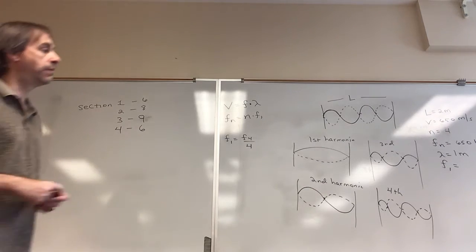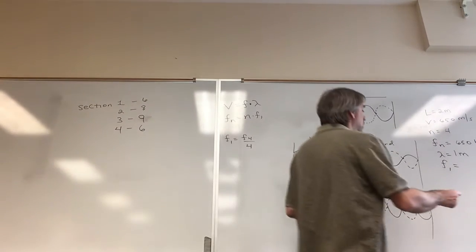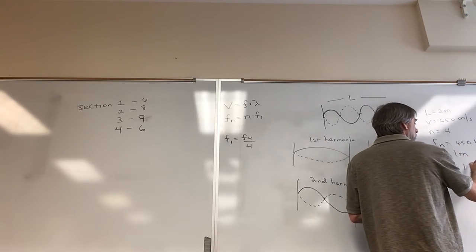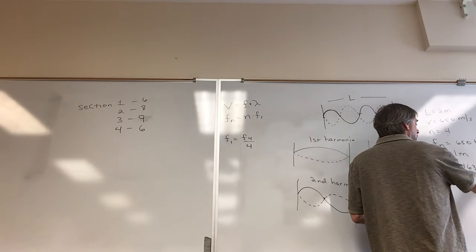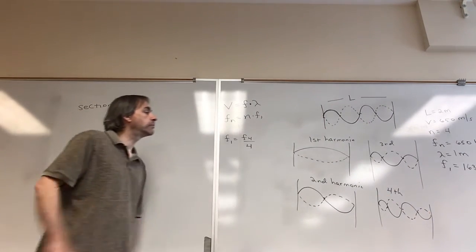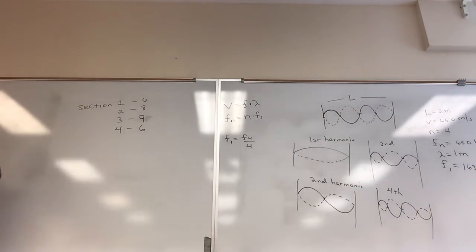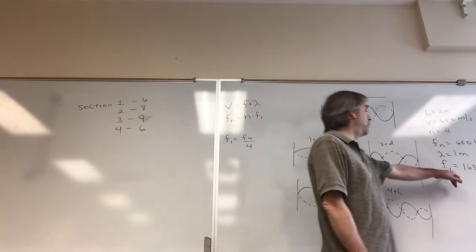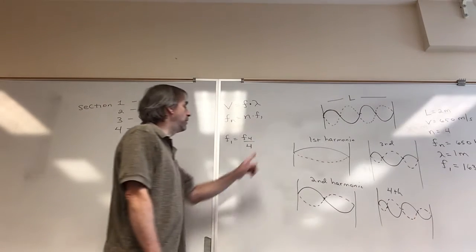So 650 divided by 4. Let's see. 162.5. Let's say like 163. And yeah, you can find all the frequencies, like F2 would be 2 times F1, or F4 over 2.